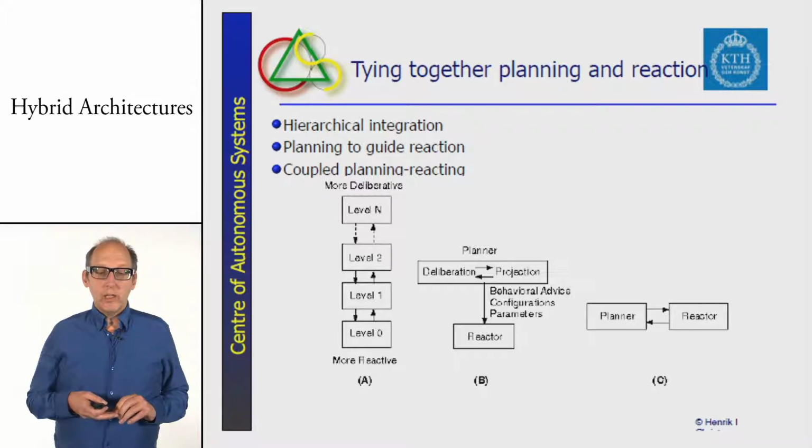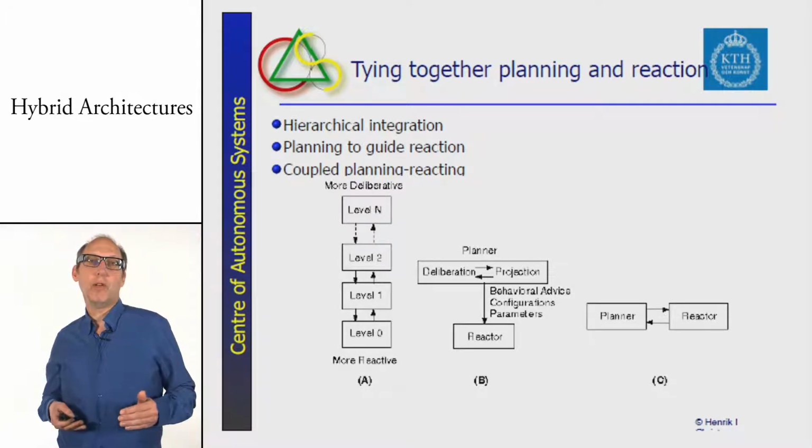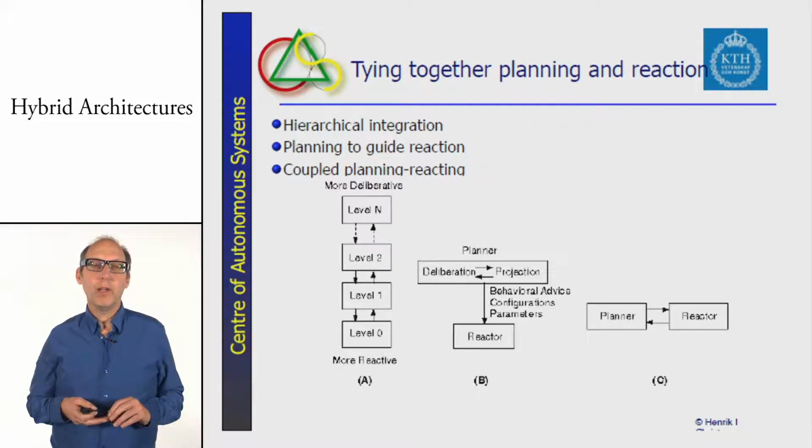Another way is that you do it in two ways. On the one hand, you have a planner that always looks ahead, simulates what's going on, and thinks about what can happen. And based on those predictions, you start to tune some of the parameters. So you're not exchanging commands and sensors, but you are tuning the parameters and the configurations for the reactor.